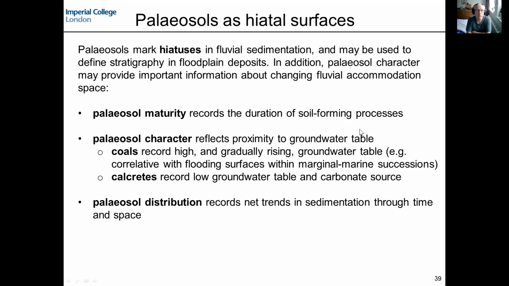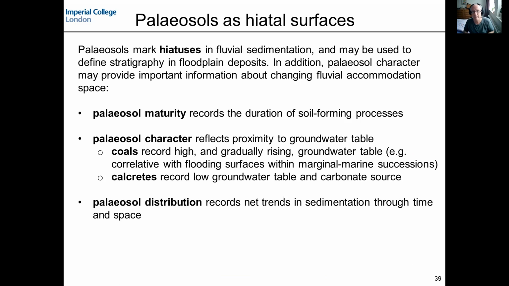Okay, other important things. Well, I mentioned paleosols a couple of times briefly, but paleosols are important because they tell us that we shut off deposition. If we form a soil, we basically have to give the plants time to grow roots. The soil is not just the plants, it's also some movement of minerals and clays within the soil.